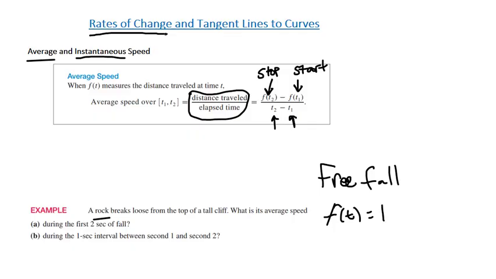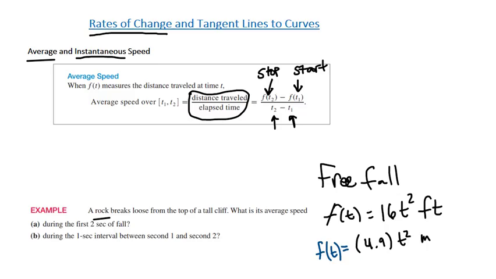And it's going to be 16t squared, if you are measuring your distance in feet. If you're measuring your distance in meters, then this formula would be 4.9t squared. This has to do with an object falling where the only thing really acting on that object is gravity.